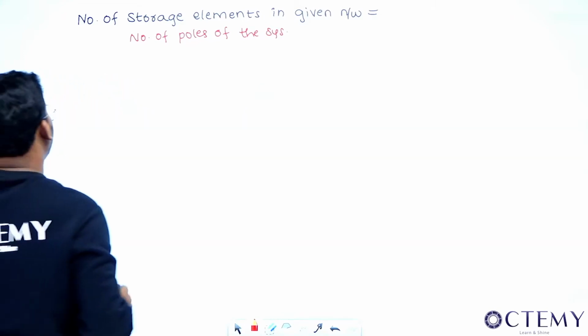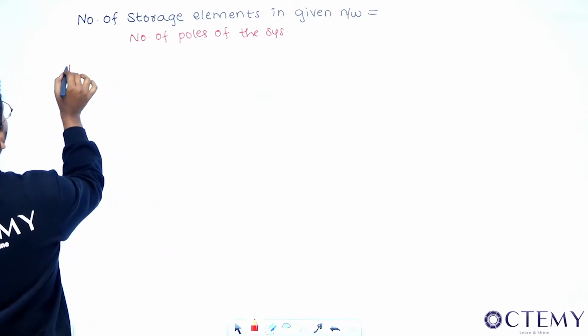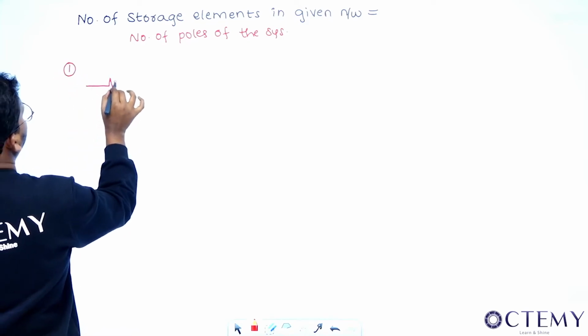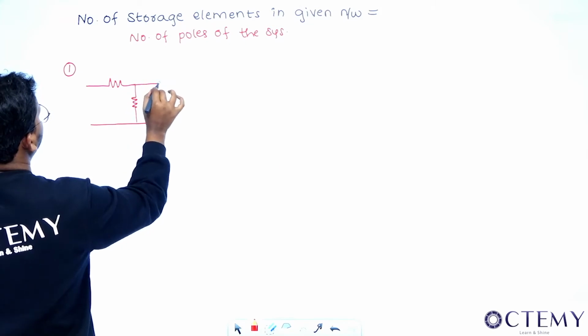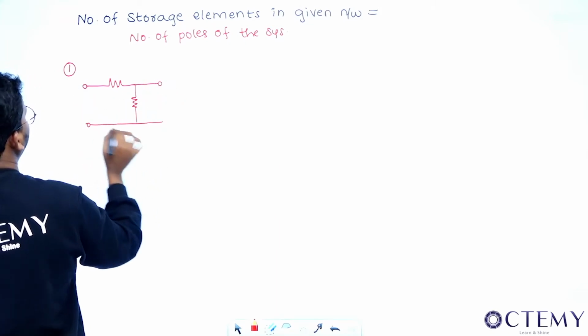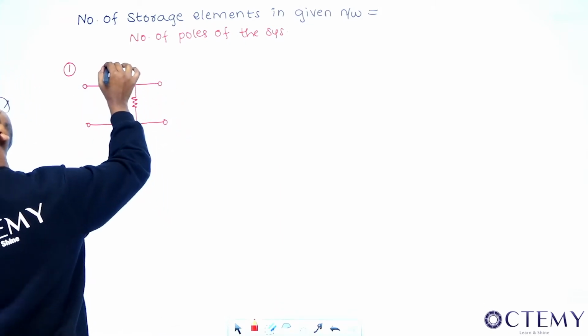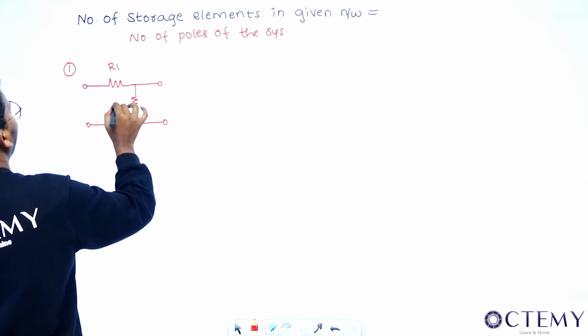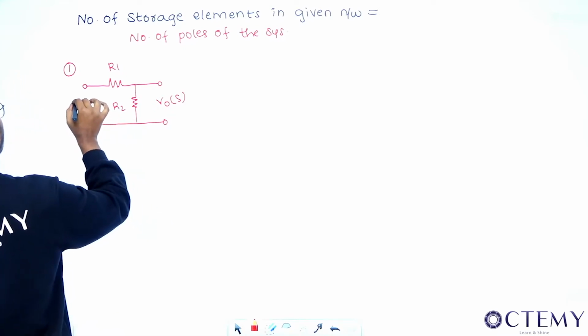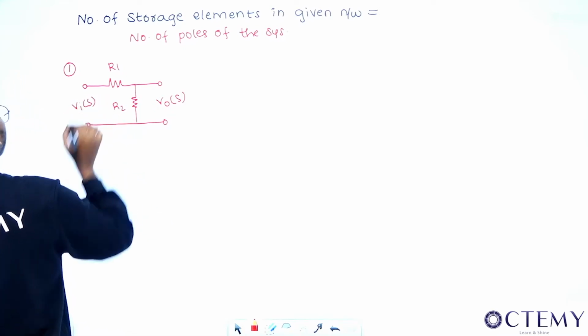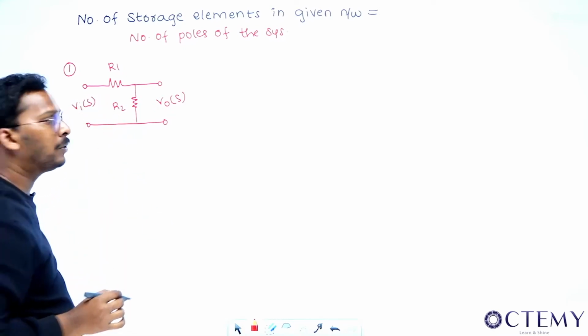Let me take up a problem, sir. If I give you a circuit like this, say this is the first problem. Basic circuit let me take. First let me put everything in Laplace. If I put in Laplace, this will be R1 only, this will be R2 only. Say this is VO of S, say this is VI of S. So see sir, what will be the output by input, or transfer function?